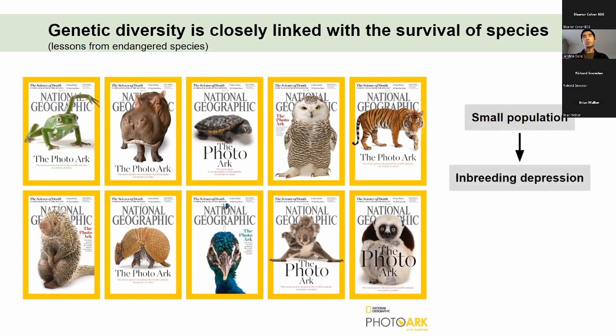And inbreeding will cause inbreeding depression, which will cause reduced fertility and also reduced survivability. So the population of those endangered species is very vulnerable. So genetic diversity is very important, and we should keep it at a certain level.